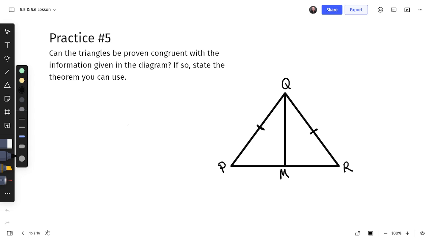Ready? Okay. So, we know that the larger all-encompassing triangle, PQR, is isosceles because it has two sides that are the same length. And based on the fact that it is isosceles, like we learned about in a previous lesson, we know that the base angles of isosceles triangles are congruent. So we can add that angle P and angle R are congruent.